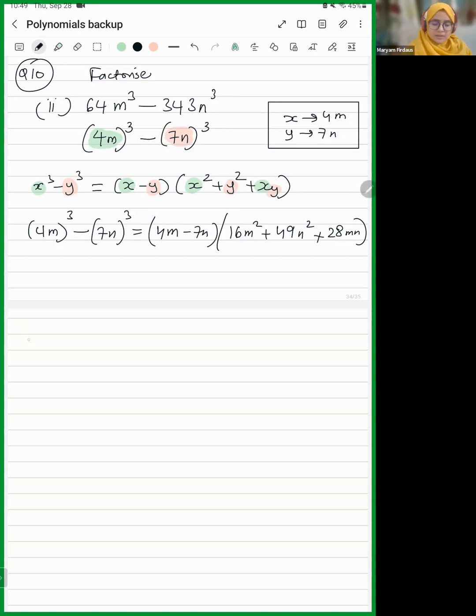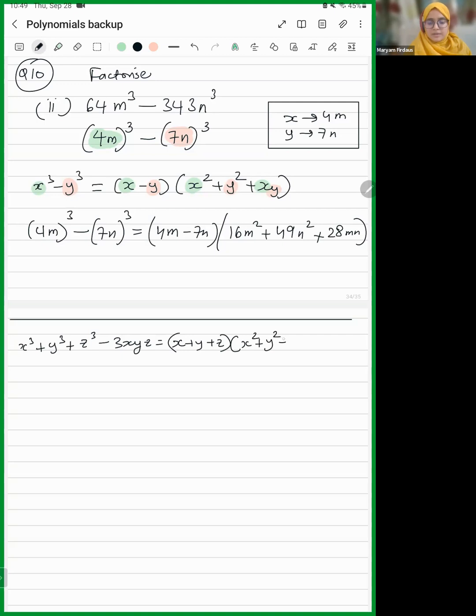See, there's this identity which is x cube plus y cube plus z cube minus 3xyz is equal to x plus y plus z into x square plus y square plus z square minus xy minus yz minus zx. This is another identity, and there is a way that we can solve it.